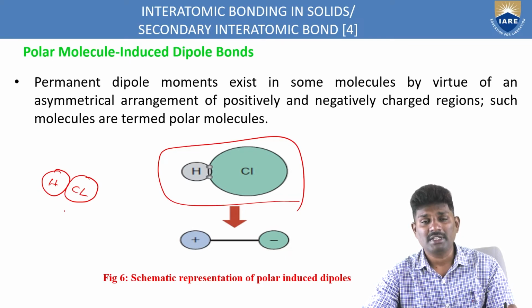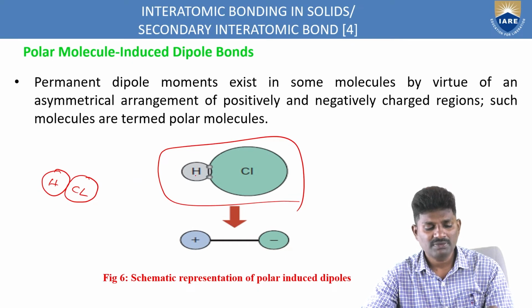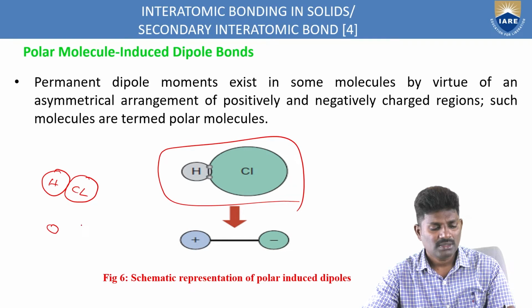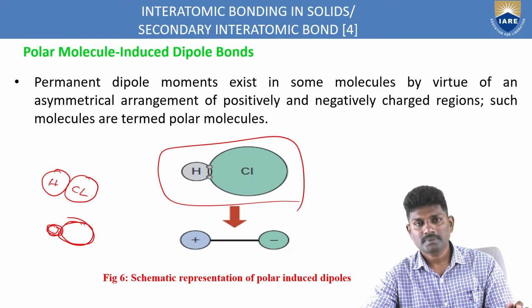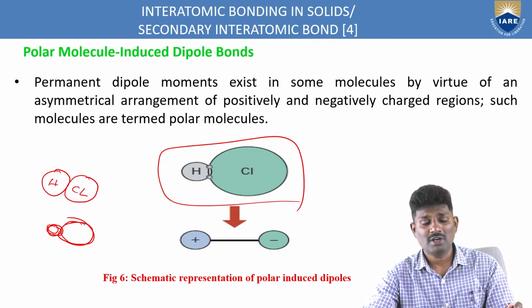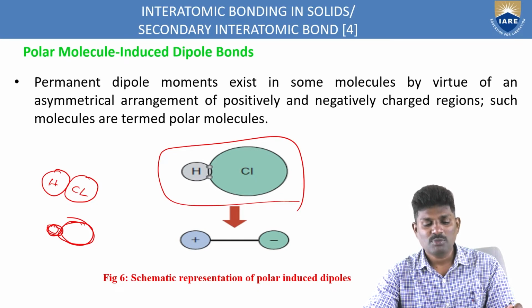It is unsymmetrical. Why? If you see in this figure, you have a different nature, a small size and a bigger size. So this is an example of the polar induced dipole. Such molecules are termed polar molecules.